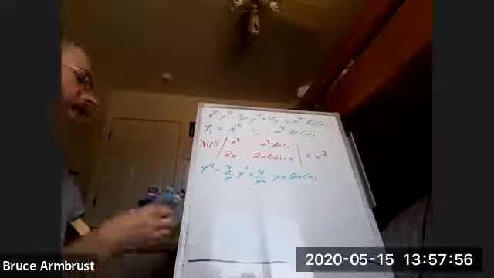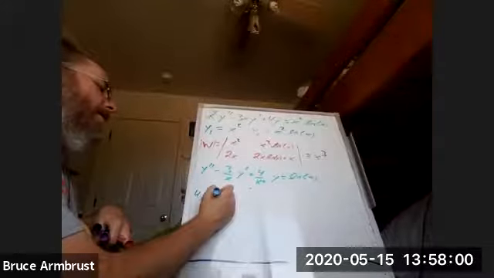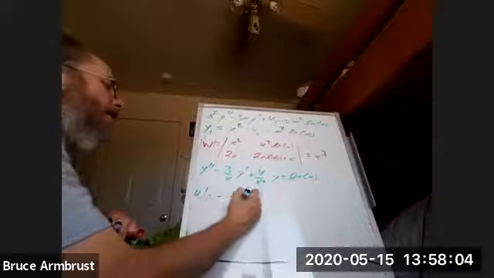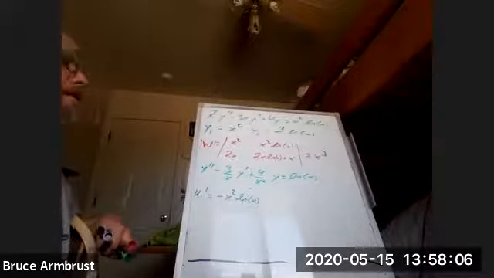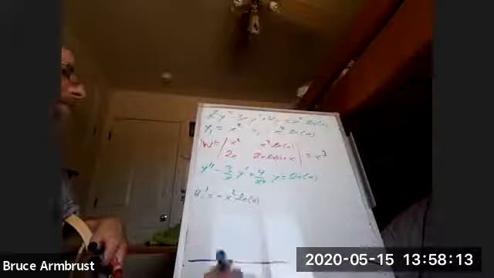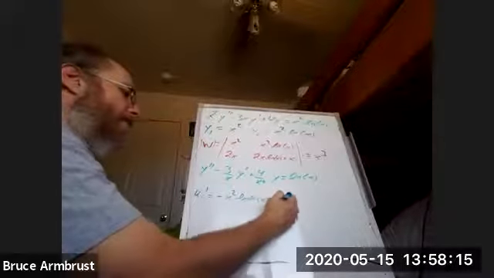But let's go ahead and find u1 and u2. So u1 prime can equal negative y2, so x squared natural log of x, times f. Okay, well in this case, that's going to be natural log of x again.